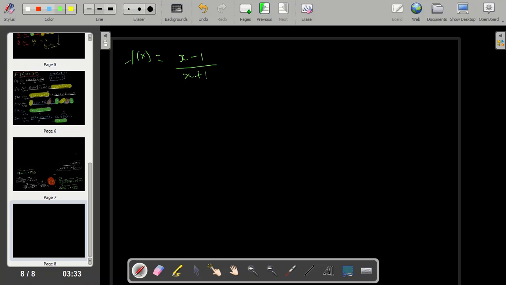So this is what we're going to do. The formula: f prime is equal to the limit as h approaches 0 of f of x plus h minus f of x, everything divided by h.